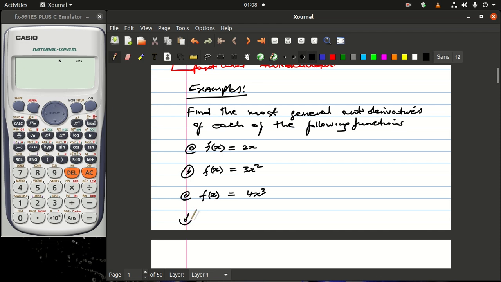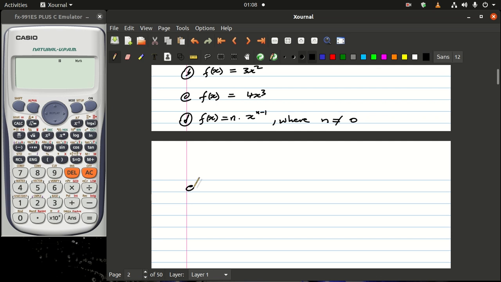For d, f(x) equals n times x raised to n minus 1, where n is not equal to 0. For e, f(x) equals cosine of x. And for f, f(x) equals sine of x.